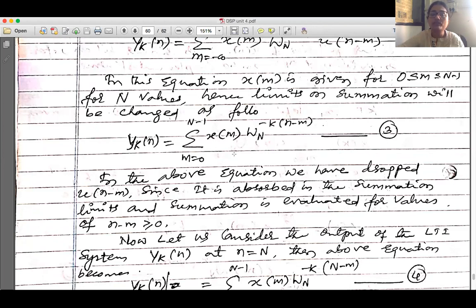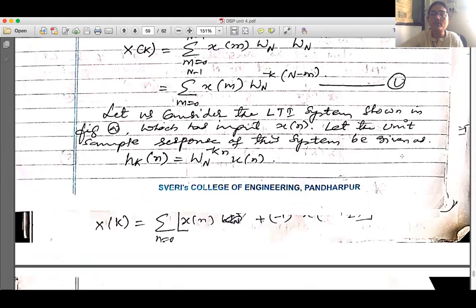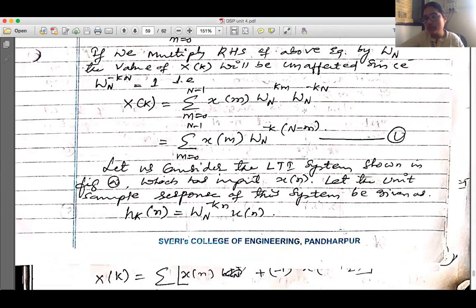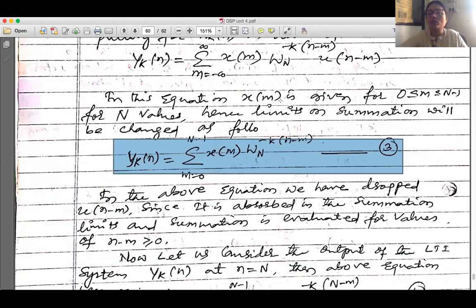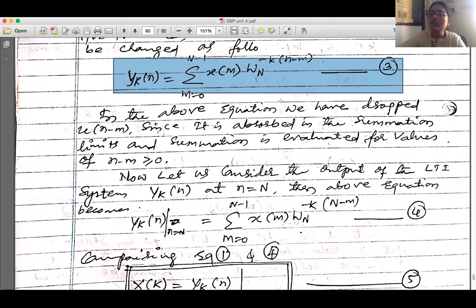So this equation from the above system which we have developed is exactly similar to what we obtained from the direct computation equation. So both the equations are the same. Equation 1 and equation 3, both are the same. So what we can say is that by using linear convolution, we can implement a system such that the system will compute the DFT for selected values only.